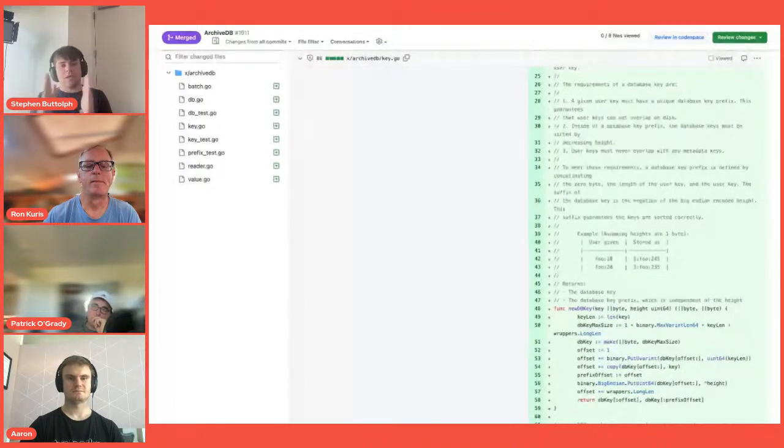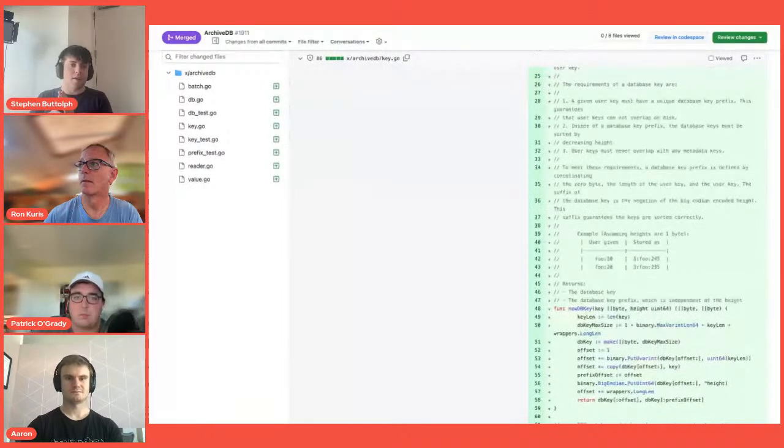So the actual key format ends up being the length of the key, the actual key, and then the height at which it was modified. And then the value is either that it was deleted at that time or that it was modified to some other value. And so this lets you have your concrete namespace for each key, and then you can efficiently iterate over that namespace to find the most recent value for that key at a given height.